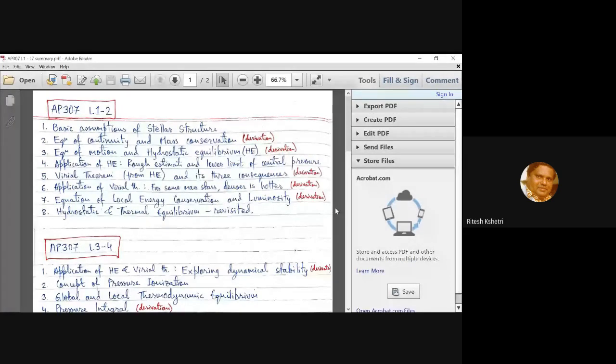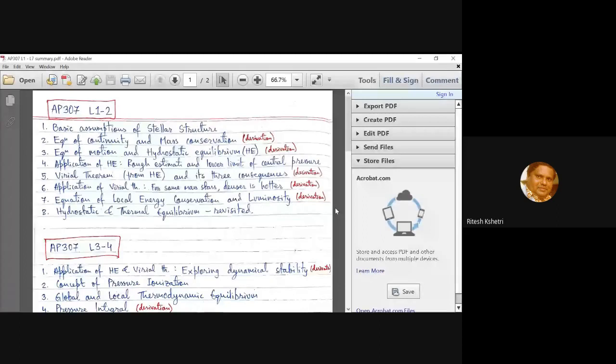And using this equation of hydrostatic equilibrium, we can make a very rough estimate of the average pressure and also make a lower and upper limit of central pressure.